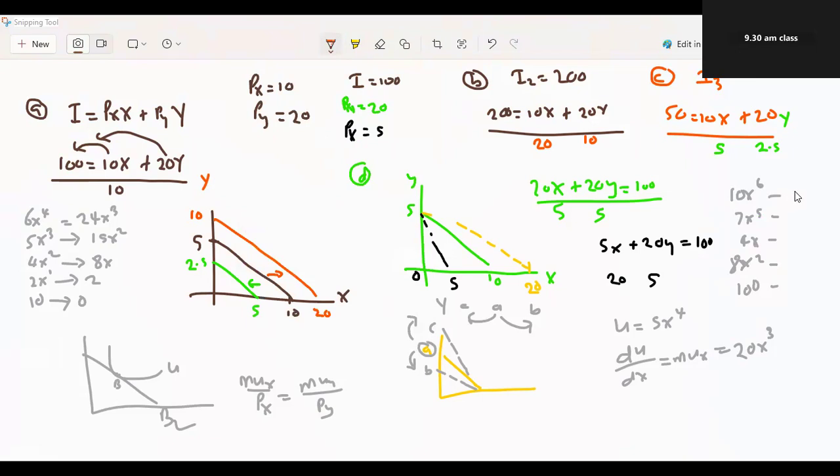Yes, 60x^5. How about 7x^5? 35x^4. How about 4x?